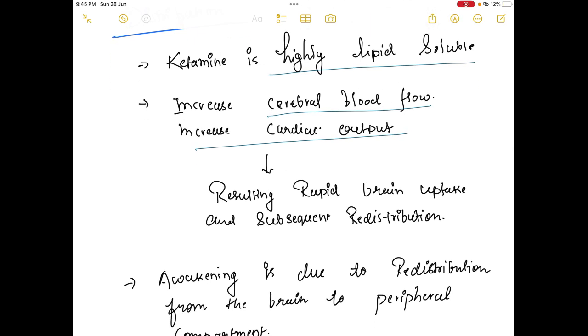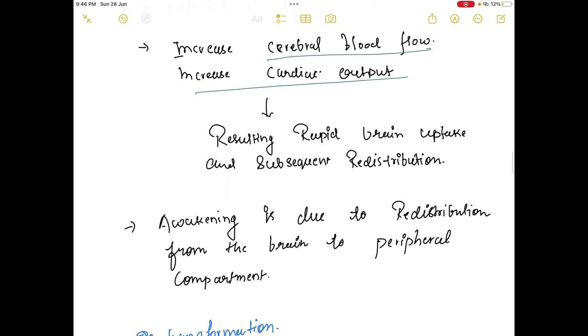Due to increased cerebral blood flow and cardiac output, there is rapid uptake of ketamine by the brain and subsequent redistribution. Awakening from ketamine anesthesia is due to redistribution from the brain to the peripheral compartment.